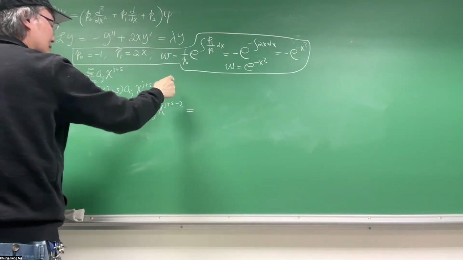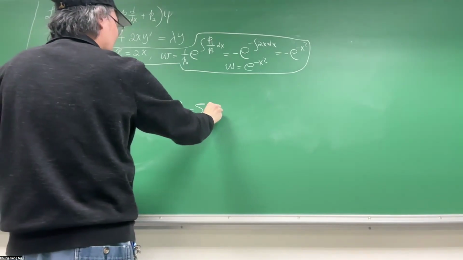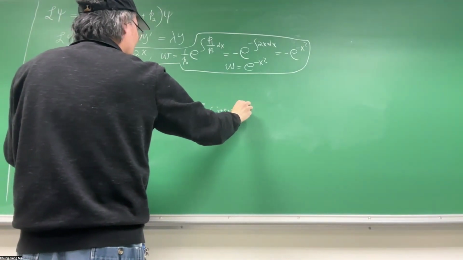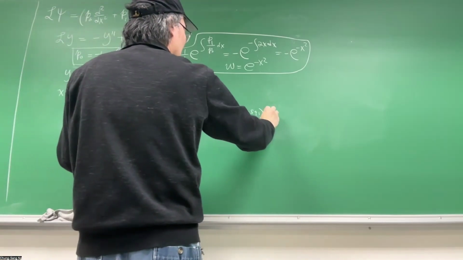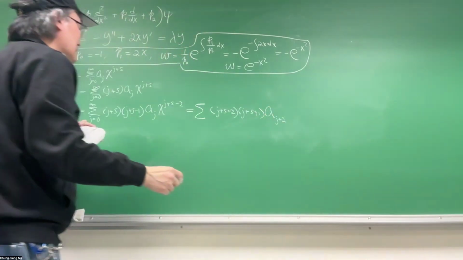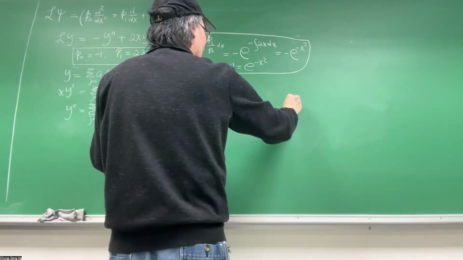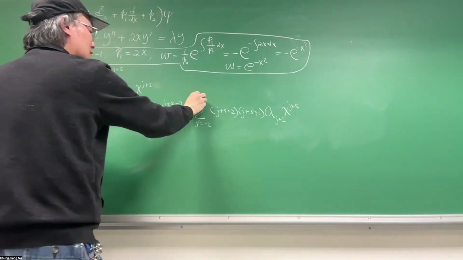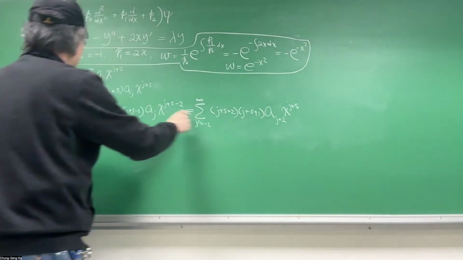So j is j prime plus 2: j plus 2, j plus s plus 1, a sub j plus 2, x to the j plus s. And then you just start with j prime at minus 2, right? So that is y double prime.